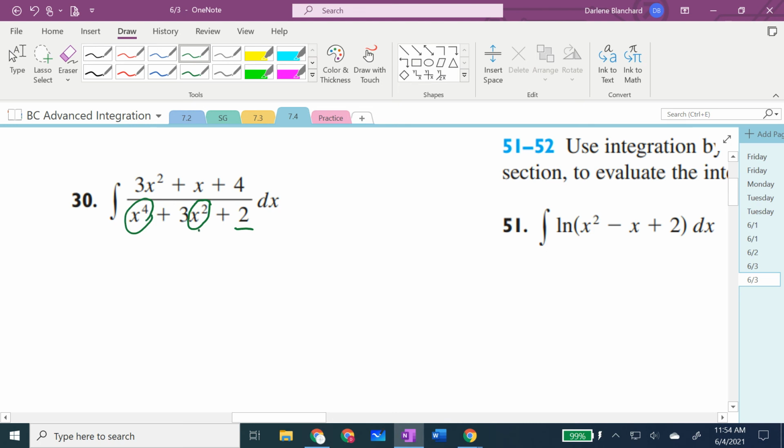Anytime you have some function and then that function is also squared, and then there's a constant, and that's all you have, it is a quadratic form.